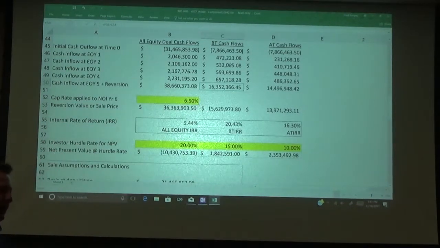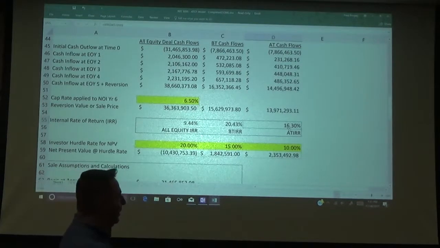Okay, just like what we've done in other real estate finance calculations. Okay, and then the final one on the after-tax cash flows, same thing. This is simply reflecting, obviously, the 13,971 plus the final year of the after-tax cash flow. All right, now, let's jump down here again, let's take a look at our internal rates of return for each of these.